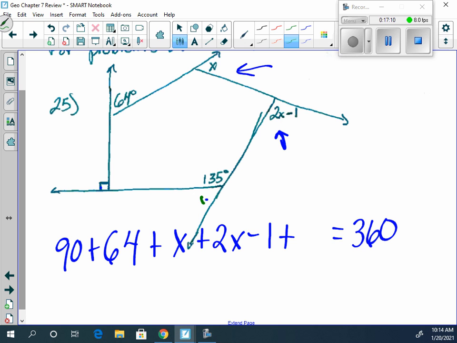Well, do we know what this angle is? No, but these two angles make a straight line. So we could say 180 minus 135, which would be 45 degrees. So this angle here is 45. So we had to find one angle for this one here.